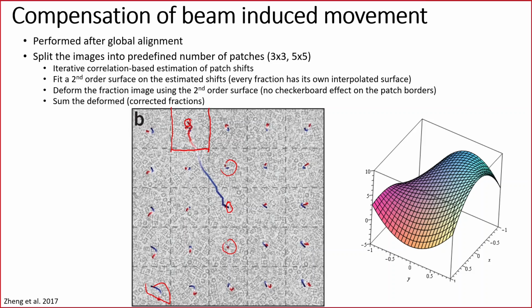For the patch movements for fraction 1, we have a second order surface fitted, for the patch movement on fraction 2, and so on up to fraction 10. And then every single frame is deformed by this fitted second order surface, and then we sum the corrected fractions. This gives us way more superior results, and it's a quite fast process.